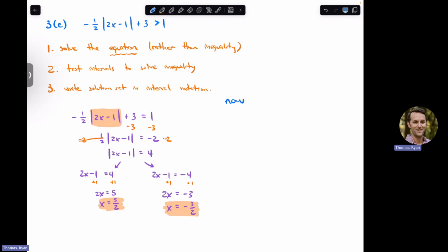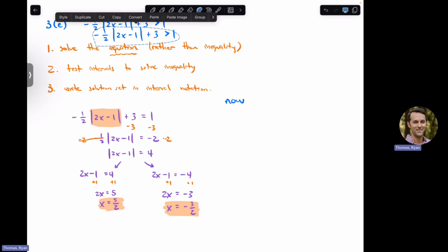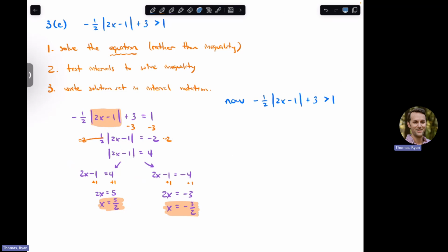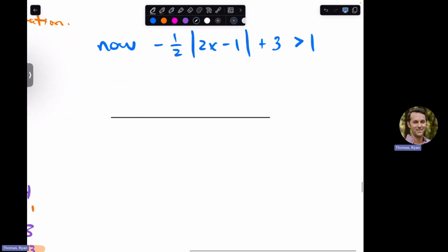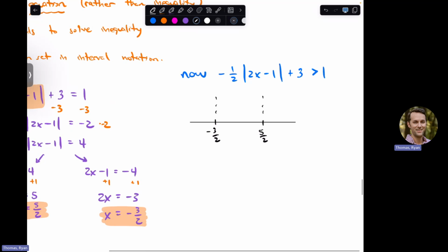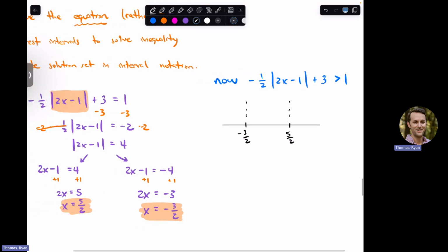Now the inequality. Copy and paste that there. What we just learned is that important stuff happens at -3 halves and at 5 halves. What we want to know is what happens everywhere else, and in particular, where this statement is true.